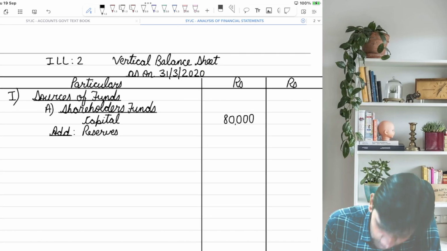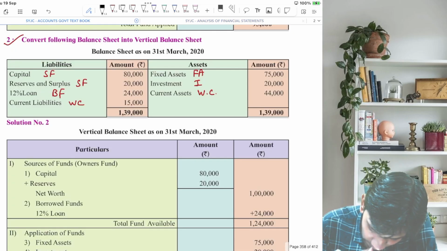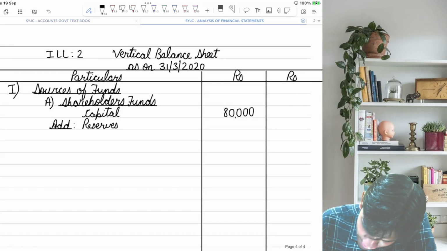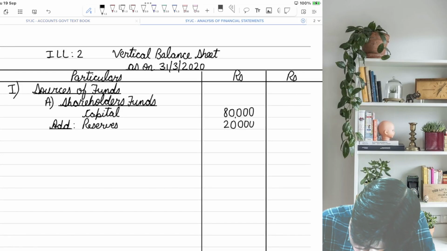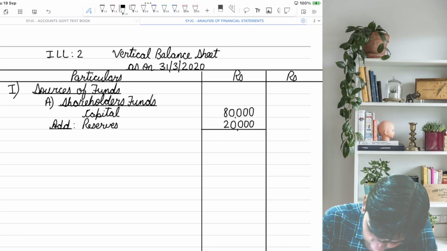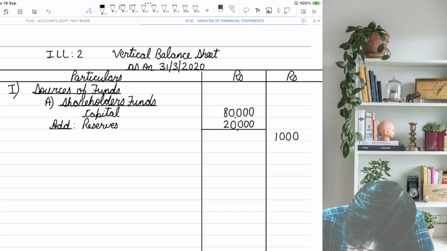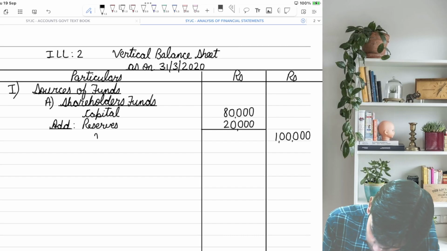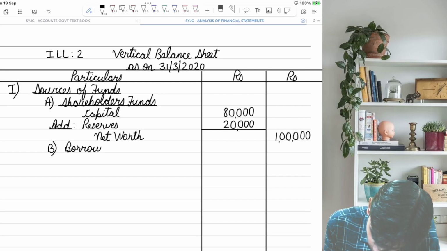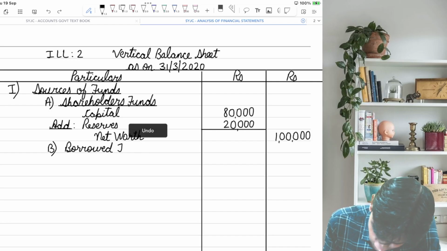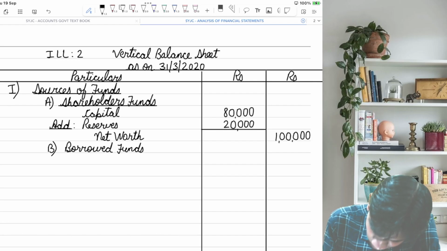Give a number to this. Fine. Add reserves. How much reserves we have? 20,000. We don't have any miscellaneous expenditure. So this total goes to outer column, 1 lakh. This is nothing but net worth. We have B, borrowed funds.